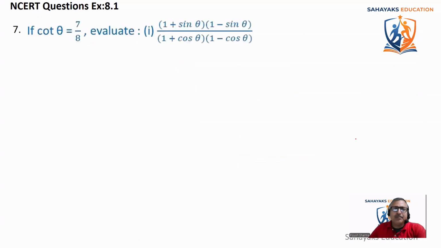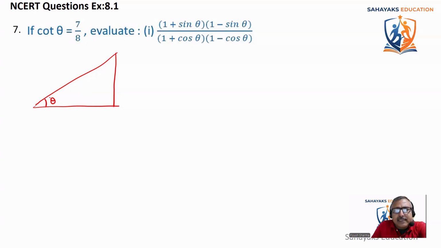So coming to the next question now. It says, if cot theta is equal to 7 by 8, evaluate the value of this. So cot theta is equal to 7 by 8. So let's make a triangle and find the value of different ratios. So this angle is theta. And what is cot theta?